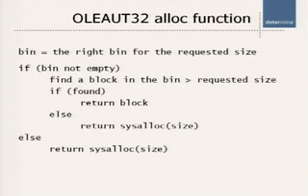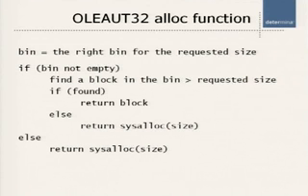When we allocate a block using this allocator, first we find the right bin for this block based on its size. If that bin is empty, which means that there are no cached blocks of this size, then we just allocate a new block from the system allocator.